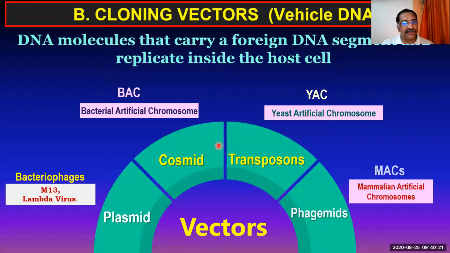Already I told you what is bacteriophage. The most commonly used bacteriophages are, one is lambda virus, and second one is M13. These numbers you have to remember, the names you have to remember. So we can see that even though there are different types of vectors, say plasmids, cosmids, transposons, phagemids, bacteriophages, and different artificial chromosomes, the widely used vectors are plasmids and bacteriophages.